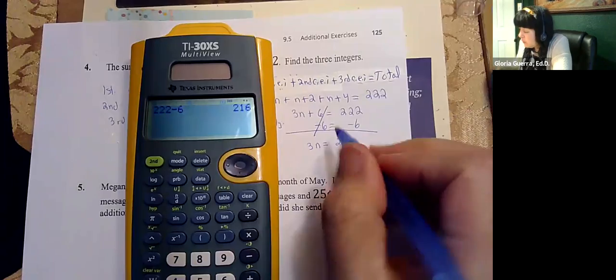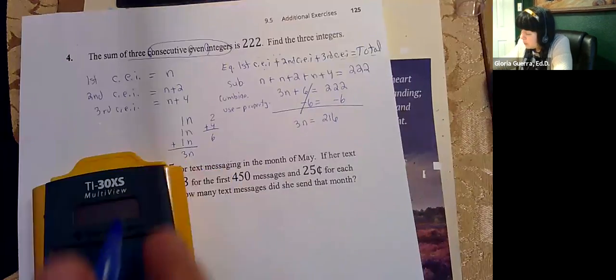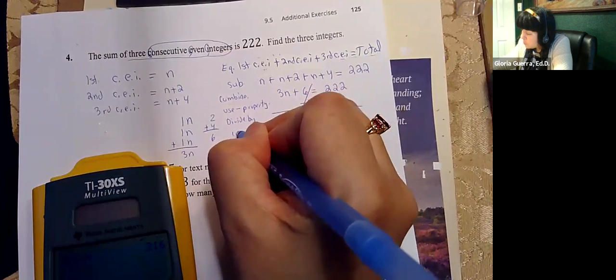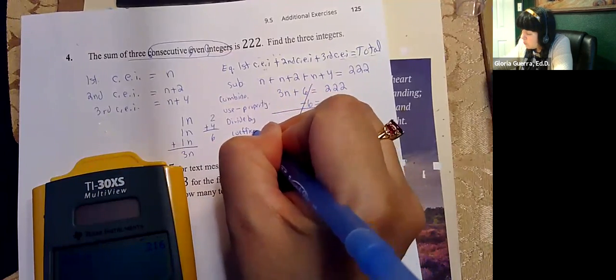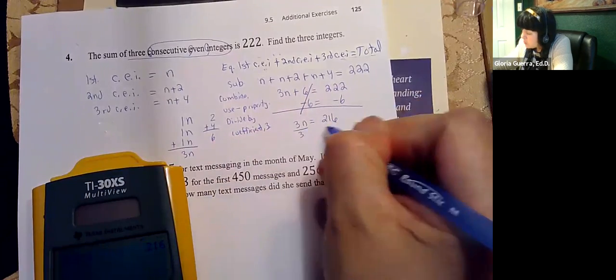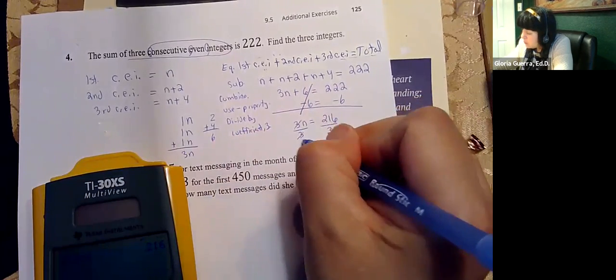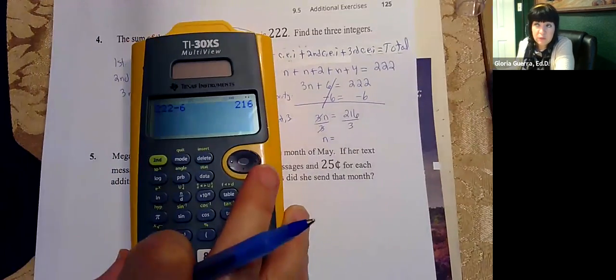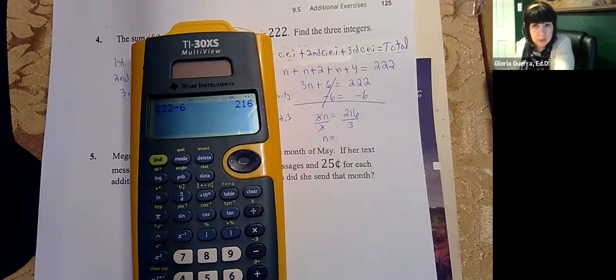And then you're going to divide by the coefficient, which is 3. Just divide by 3. Do not divide by 3n. Do not divide by -3. Okay, it's just divide by 3.